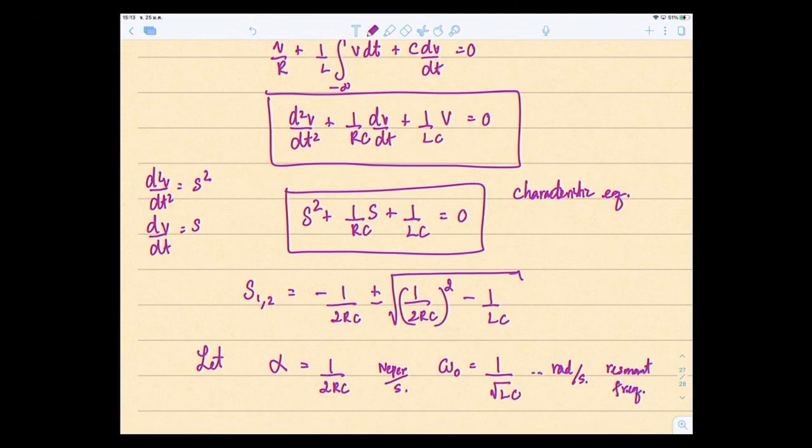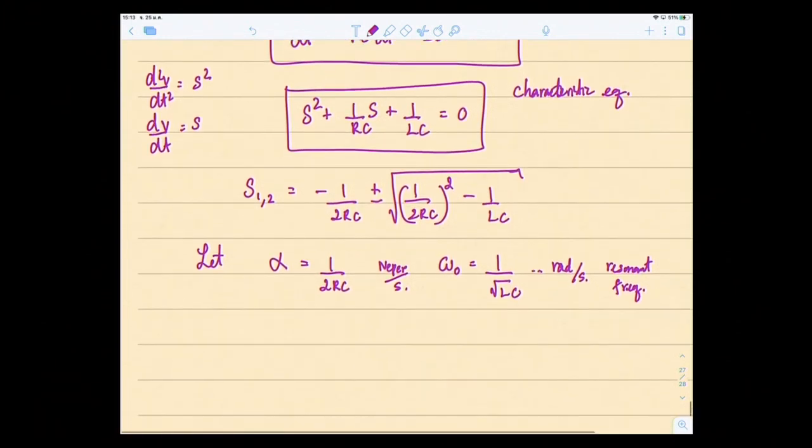Therefore we can write S1 and S2 as minus alpha plus or minus the square root of alpha squared minus omega naught squared.